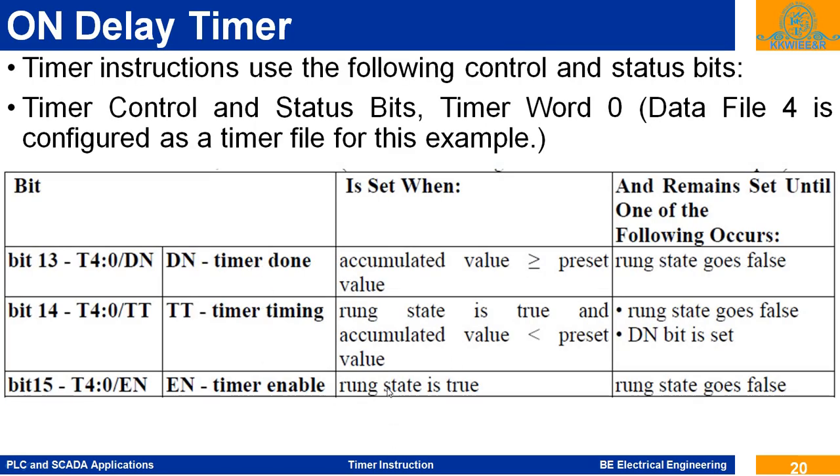So when the switch is closed, the rung state is true and the enable bit is high. When the enable bit is high, the accumulator starts incrementing, so the timer's timing bit is set. When the accumulator value is equal to the preset value, meaning 10 is equal to 10, your done bit is set, and when the done bit is set, the timer's timing bit is false, or reset.